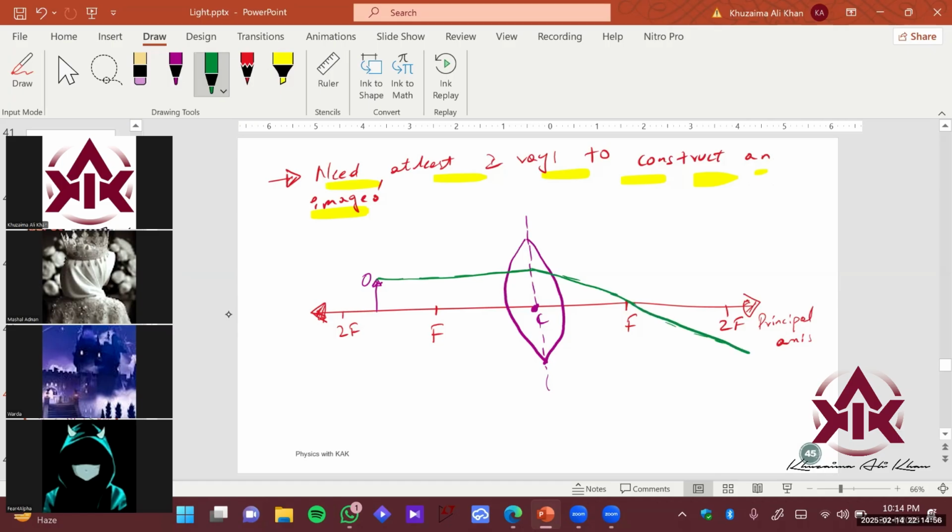You always have arrows, because a ray has a direction also. Then you draw another ray which passes through the optical center. Any ray which passes through the optical center goes straight. So I again join the dots to make it neater.